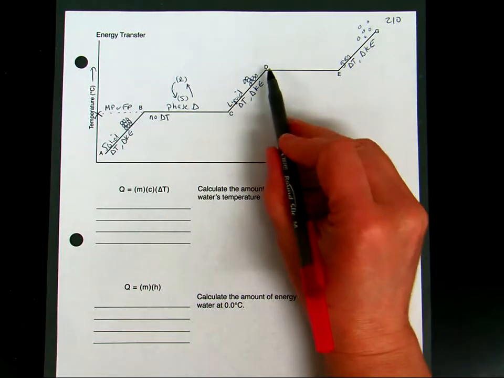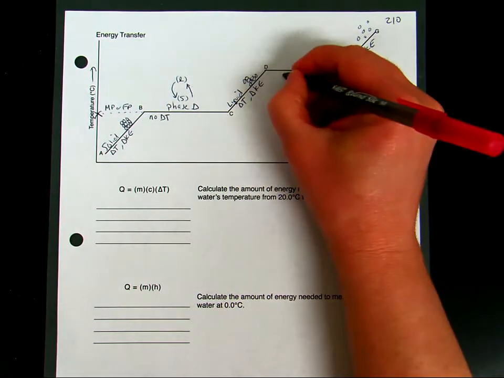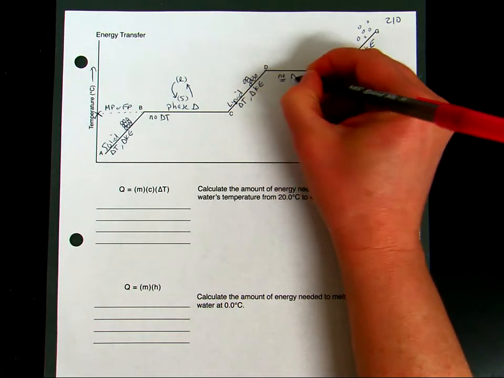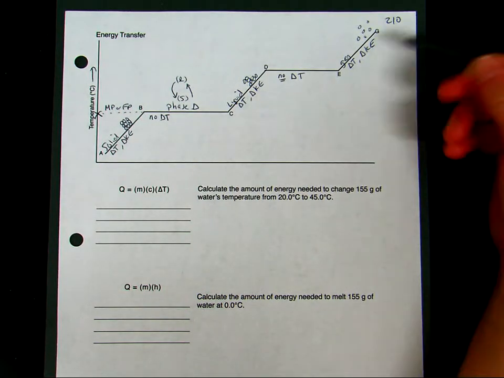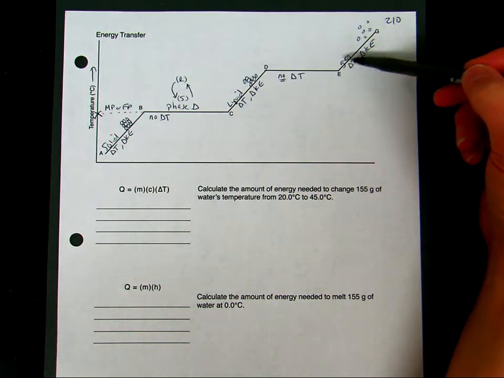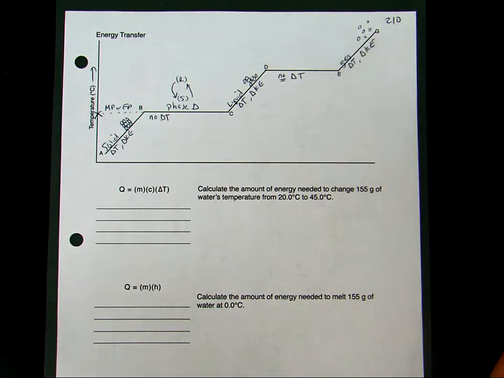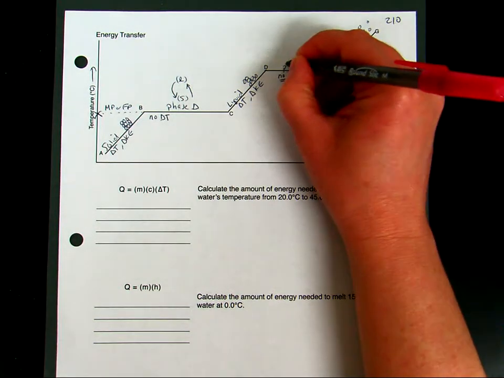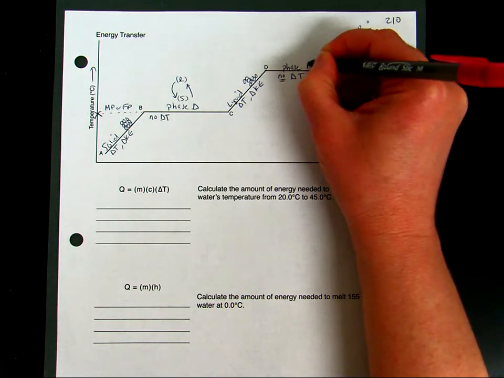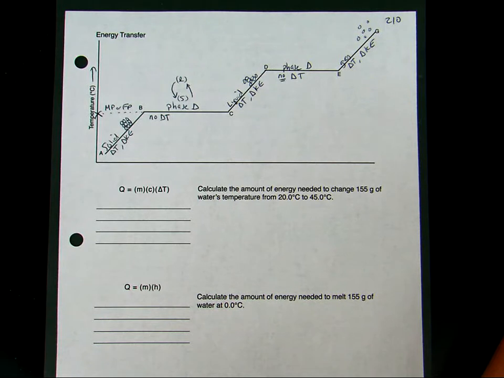Similarly, segment DE, we see that there is no delta T, and that segment DE is sandwiched between the liquid and the gaseous phases of the sample. So we need to recognize that this is also a phase change.